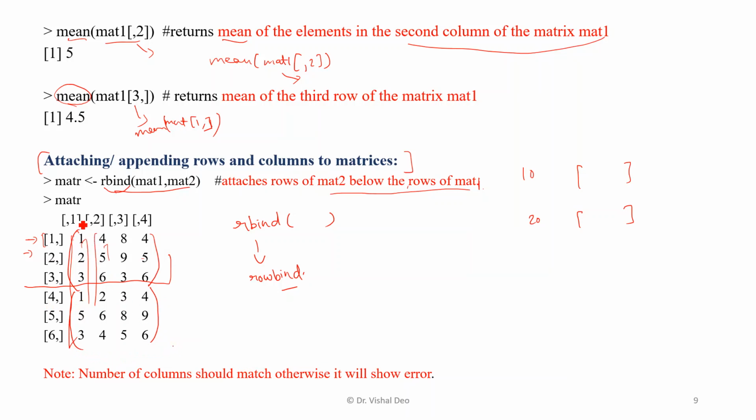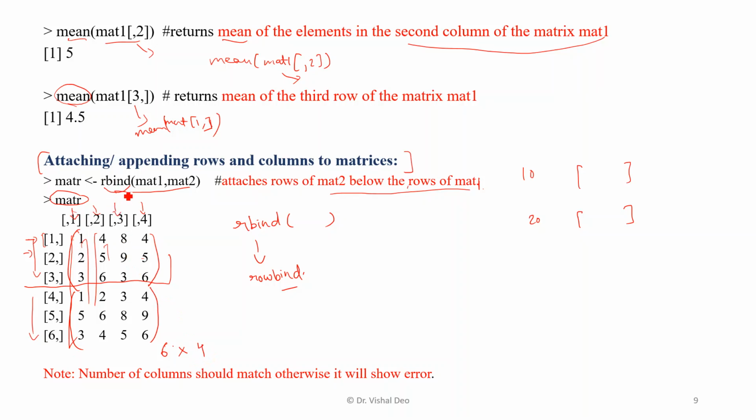So the number of columns of the resultant matrix remains the same, that is 4, but now the number of rows has increased, which is equal to the number of rows in matrix 1 plus the number of rows in matrix 2. So it is now a 6 row by 4 column matrix.